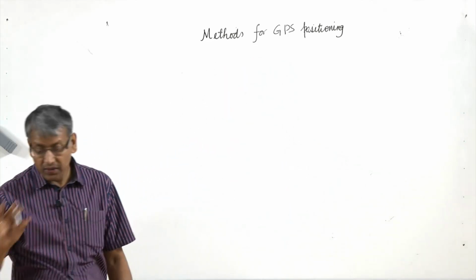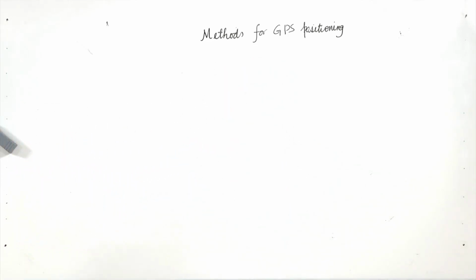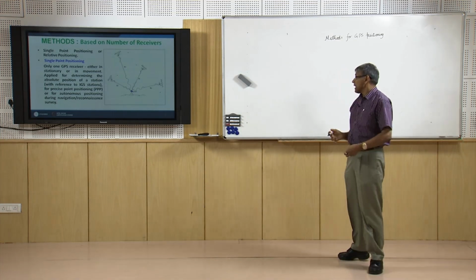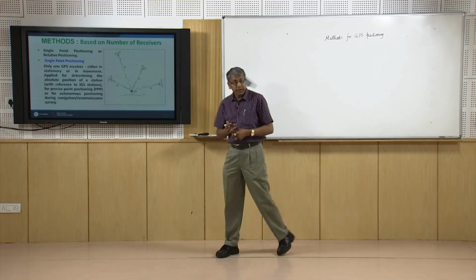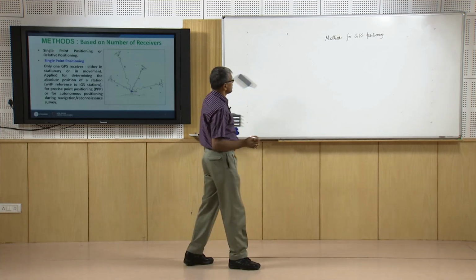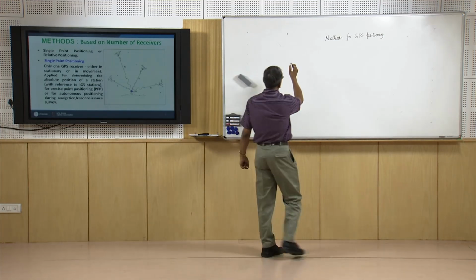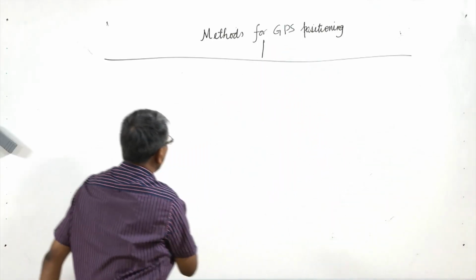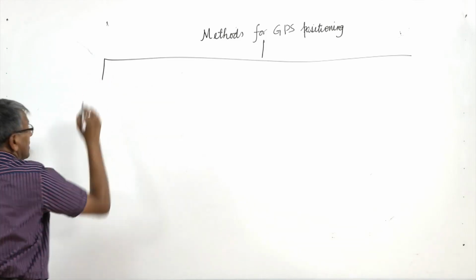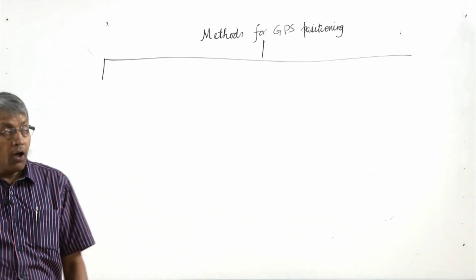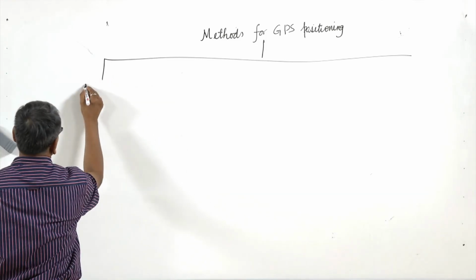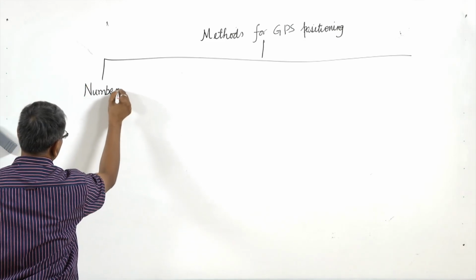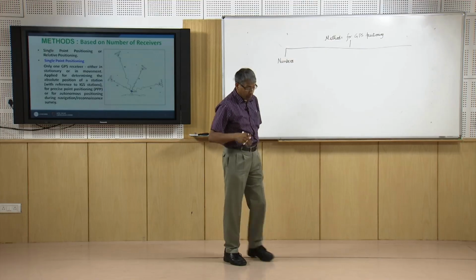There are different methods available for GPS positioning, and they may be classified into different categories, but I have considered all the methods under 3 categories. First, the category on the basis of the number of receivers that have been used in positioning.